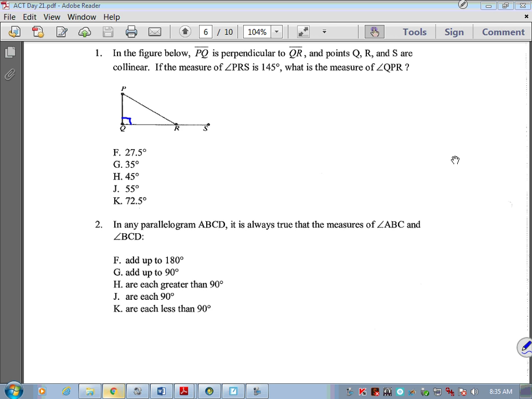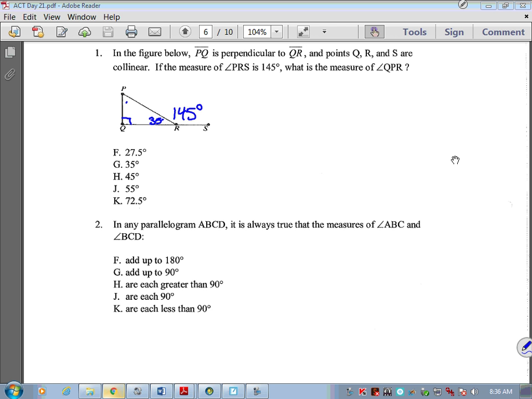If the measure of angle PRS is 145 degrees, so that's an exterior angle there, what is the measure of angle QPR? So a couple different ways that you could look at that. One, if these are collinear, then I could take 180 minus 145, get the remaining 35 degrees. So that would tell me that this is going to be 35 degrees here. I know that there are 180 degrees in a triangle.